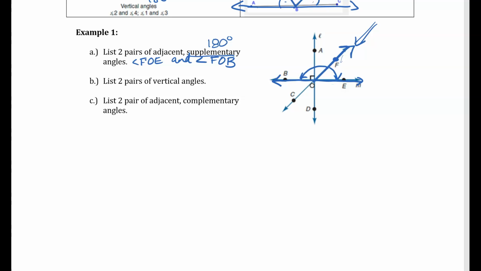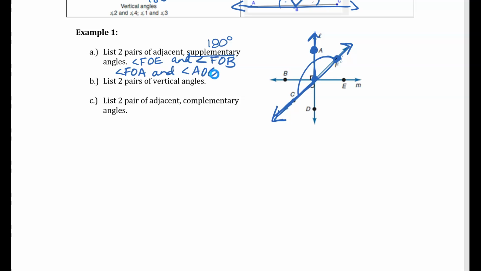Oh, and it asks for 2 pairs, so let's do one more. Let's identify another line in the picture. Maybe I look at a line that's not horizontal, maybe this line. I'm going to use this angle right here, angle FOA, and angle AOC, which is this angle right here.